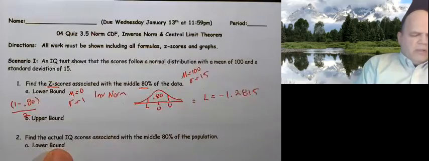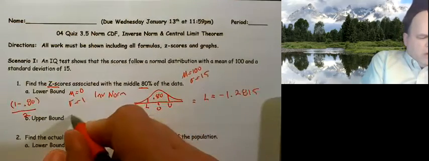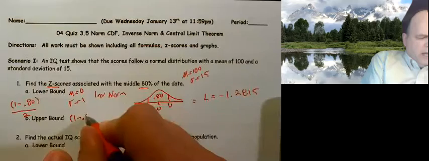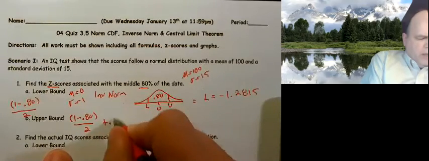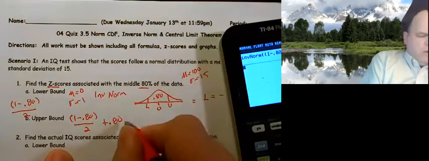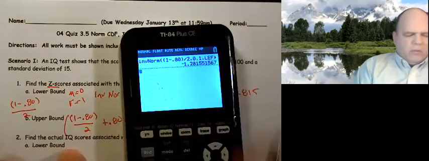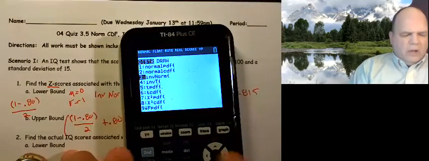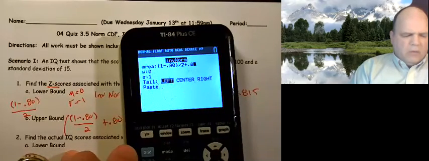And the upper bound is going to be the same thing, except it's going to be 1 minus 0.80 divided by 2 plus the 0.80. Mean is 0, standard deviation of 1. And again, it's going to be an inverse norm. So second vars, inverse norm. So I just need to come back and add the 0.8 to it. So the plus the 0.80.